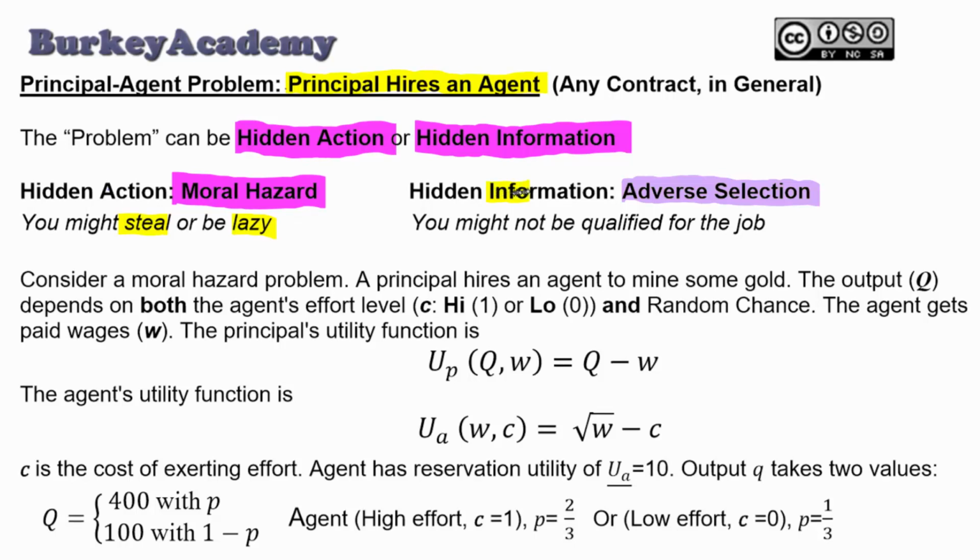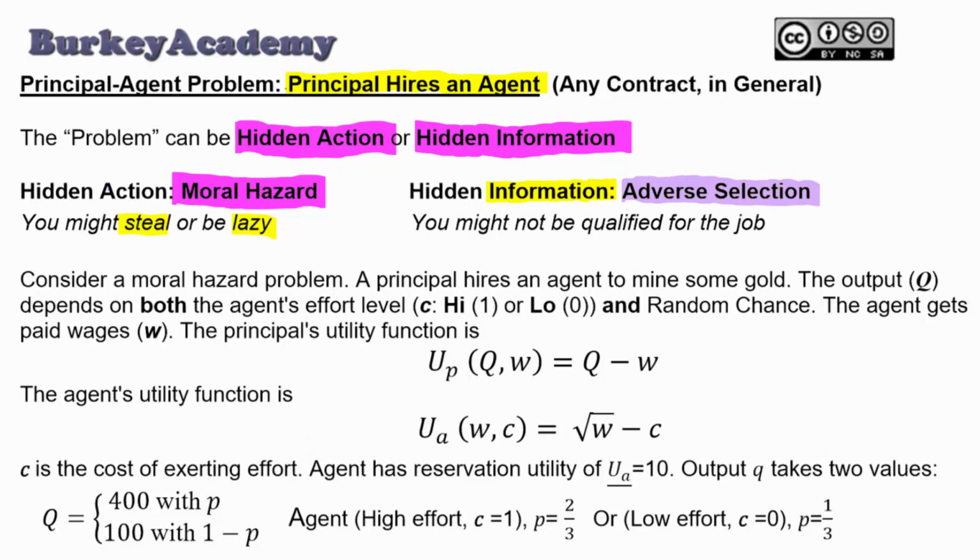So there's some information about this person that is hidden. We might not be able to tell if this person has the right skills or abilities or intelligence in order to do the job that I need them to do. That's something that only the agent, the person I'm trying to hire, would know.